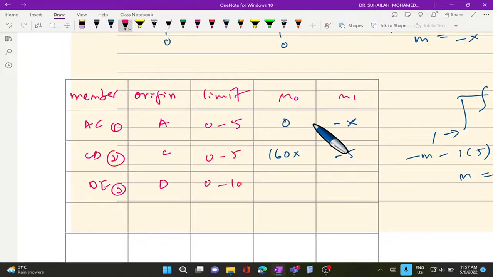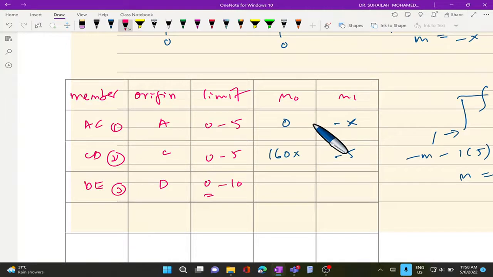Because by choosing one of D or E as origin, the limit will always start from 0.